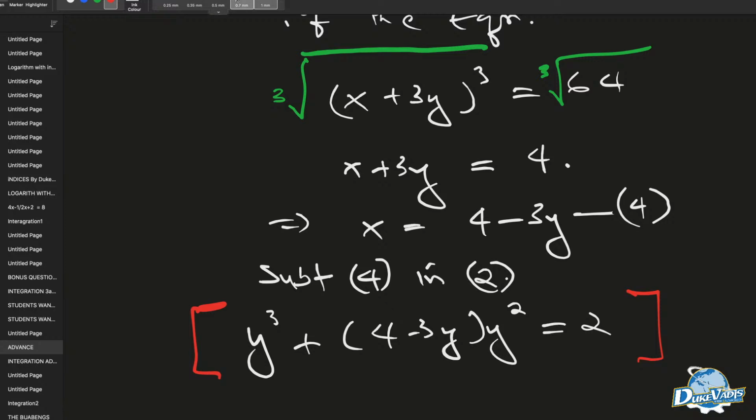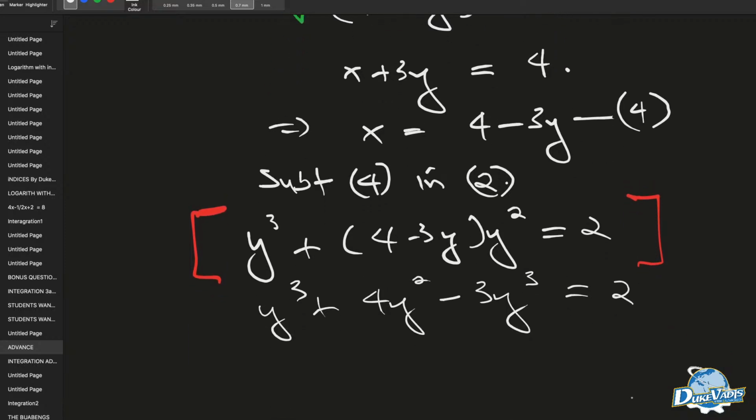Okay, now let's concentrate on that equation and see what will come out. When we simplify this equation, this is going to be y cubed plus 4y squared minus 3y cubed is equal to 2. Further simplification will give us y cubed minus 2y squared plus 1 is equal to 0.